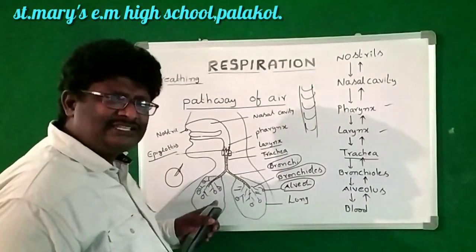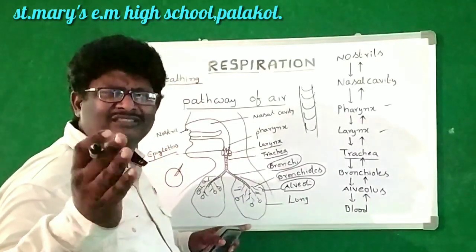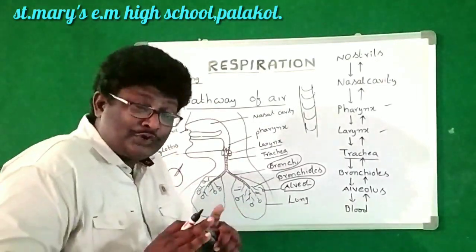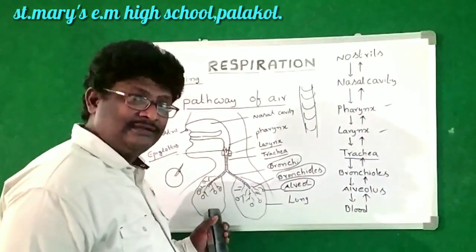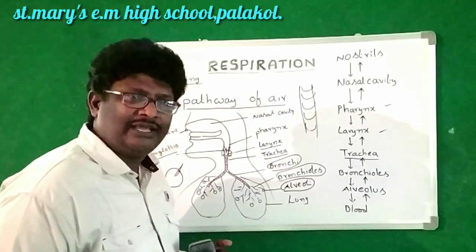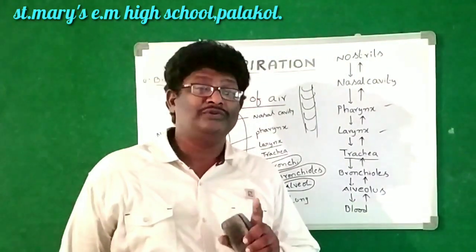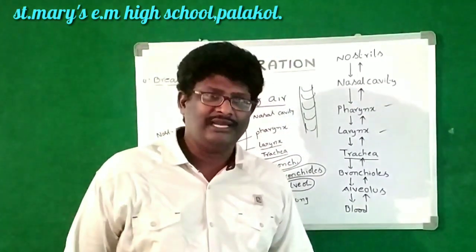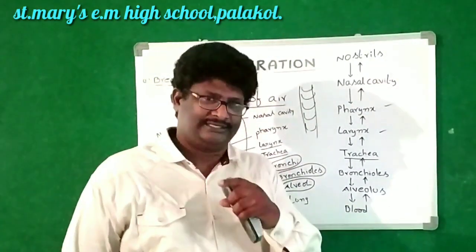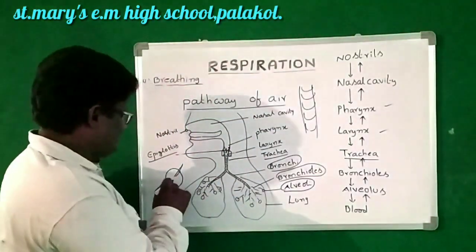These are not just one or two, but numerous sac-like structures, like 10,000, present in the lungs. They are called alveoli. The alveoli are the structural and functional unit of our lung. So each bronchiole enters the alveoli.